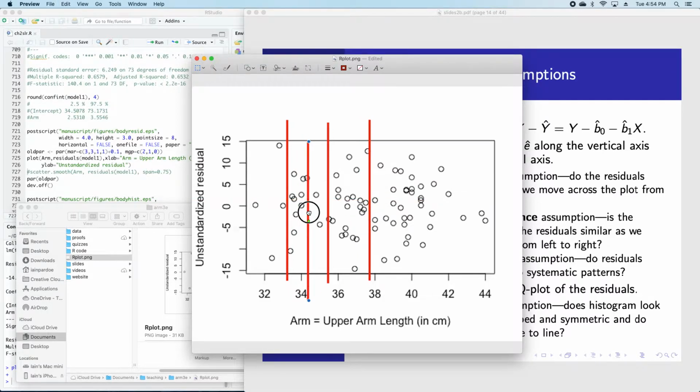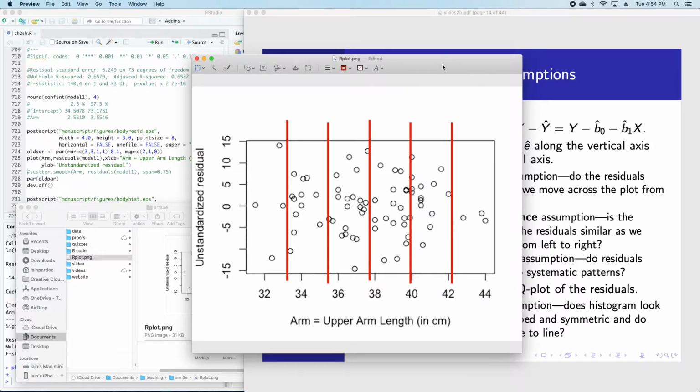I'm just doing this for illustrative purposes. It would be very tedious to actually do this every time you analyzed a simple linear regression model. But once I've illustrated what I'm doing here, you can apply the same kind of process without literally creating strips. You can kind of do it by eye.